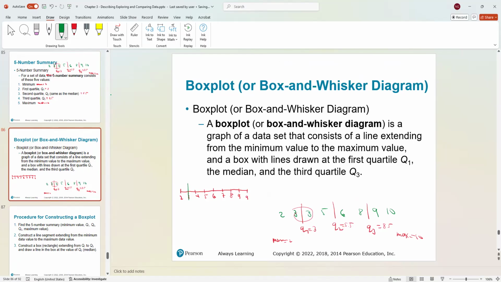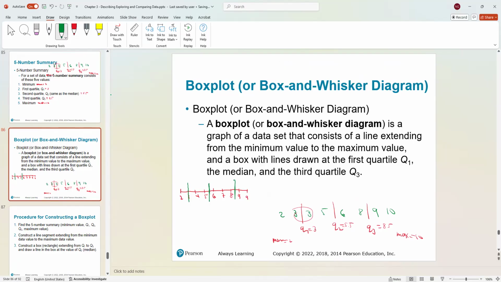I put a vertical bar on this. Q2 is located at 5.5, so I put a vertical line on 5.5. And Q3 is located at 8.5. I put another vertical line at 8.5.